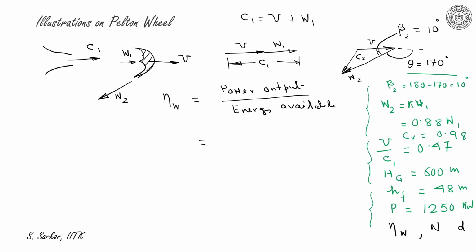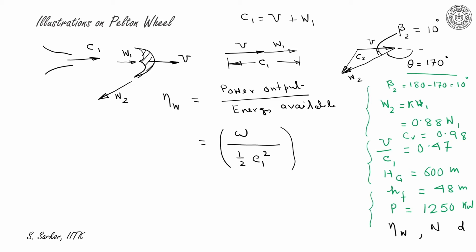So I'll get small w, or specific power output, divided by half C1 squared, that is the kinetic energy of the jet.